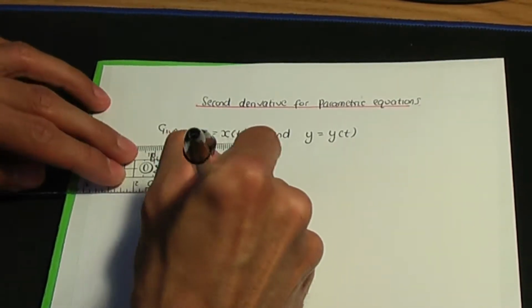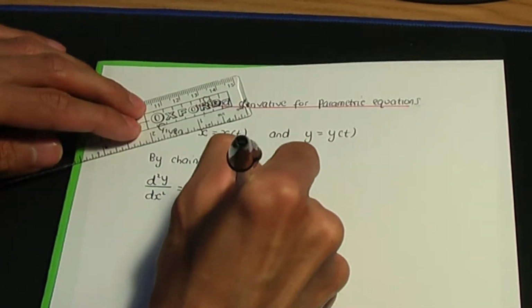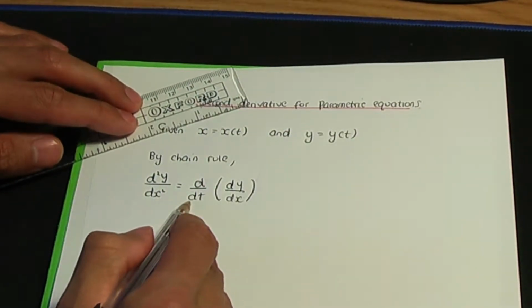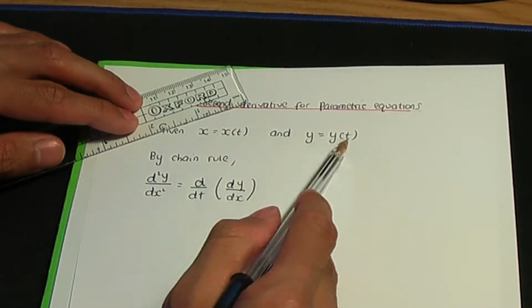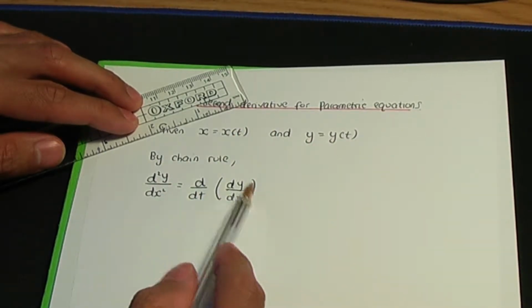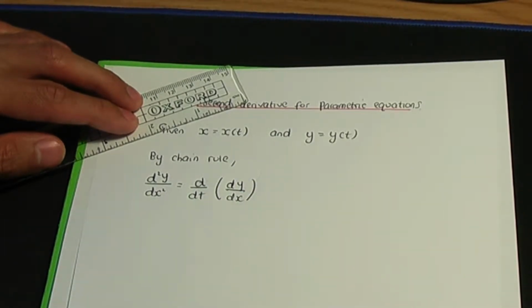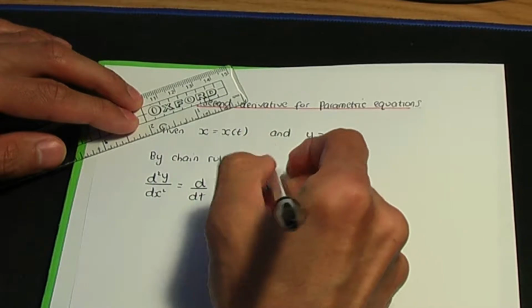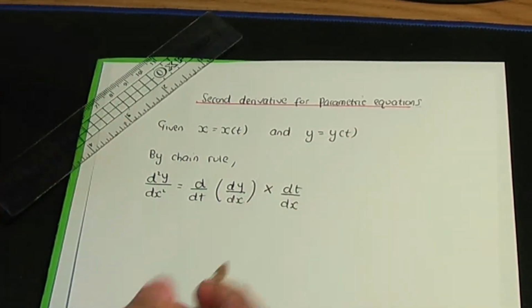We need to differentiate dy by dx with respect to the variable, okay? So the third variable I'm naming as t, so we differentiate dy by dx with respect to t, okay? And then we multiply that by dt over dx, okay?